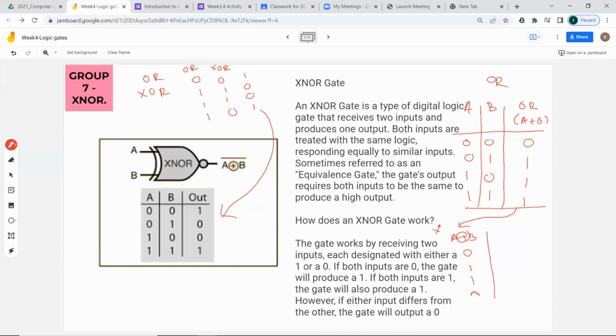If we compare with this one, we have 0 for the first entry and 1 and 1 for the second and third entry, and again 0 for the last entry in XO.